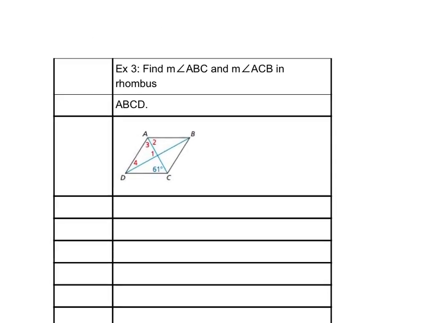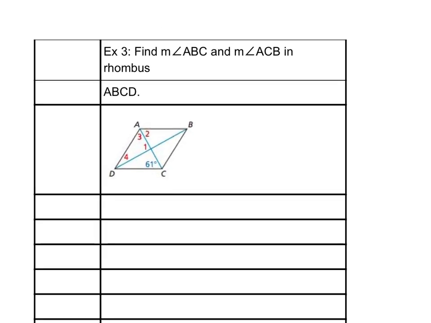All right, so in example 3, they have given us a rhombus and they're asking us to find two specific angles within this rhombus. So based on those theorems about rhombuses and their angles and what the diagonals create, we can find the measure of angle ABC and the measure of angle ACB.